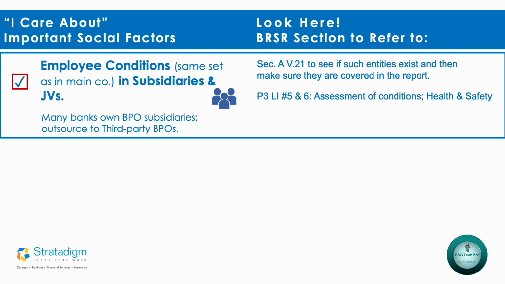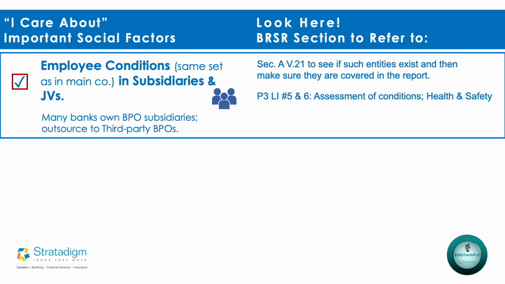Then you come to Principle 3, leading indicator. So this is not an essential indicator. Leaders in the business, under serial numbers 5 and 6, will disclose how they have assessed all the conditions that we discussed for employees on their own payroll.